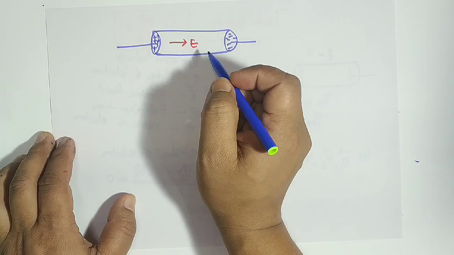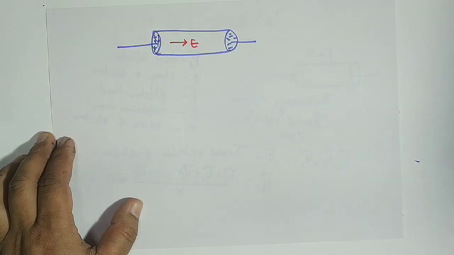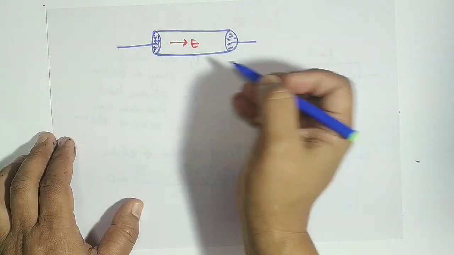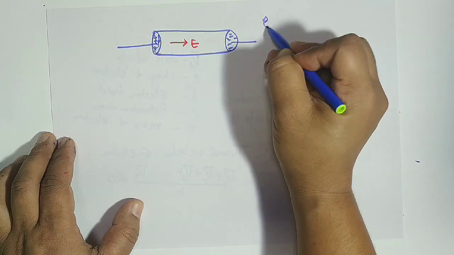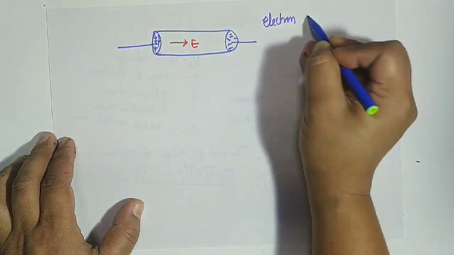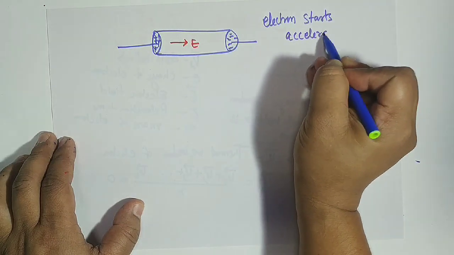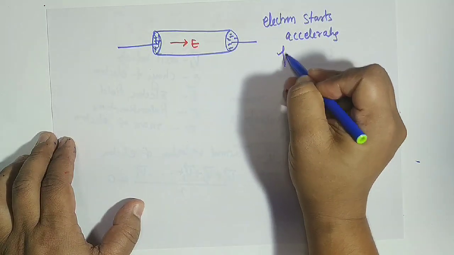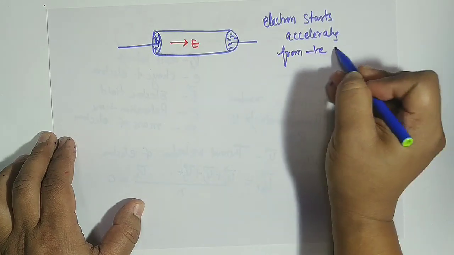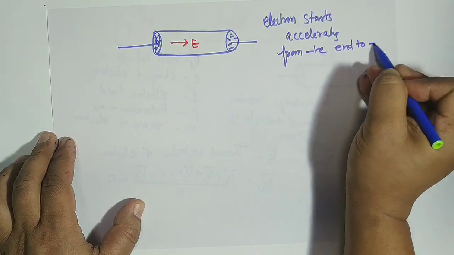If you want a constant electric field, we apply a source also. So the electron will start drifting. The electron starts accelerating from the negative end to the positive end.